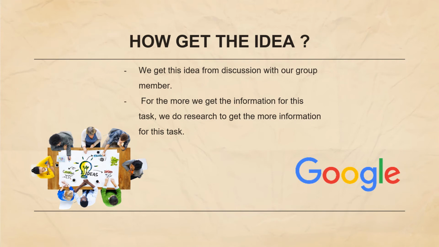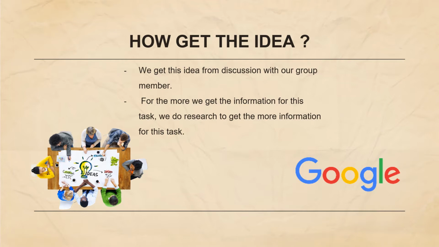How did we get the idea? We got this idea from discussion with our group members. We had everyday discussions to complete our task, to get the idea of what we need to do, what type of robots, the type of tool and the type of task.